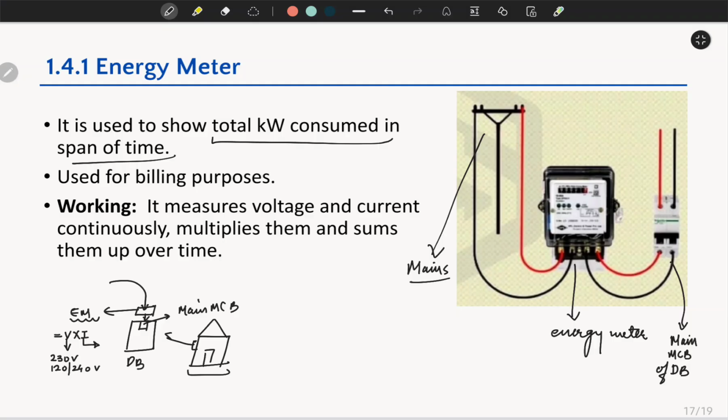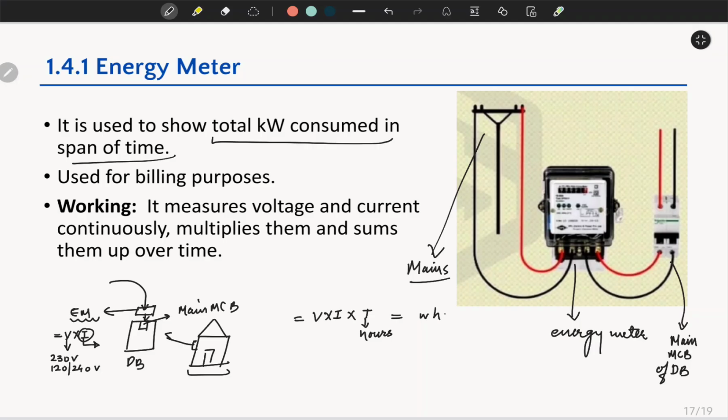So this device continuously stores this current, in the form of memory, at different instances at every second. Now this VI is then multiplied by the number of hours, which is time t.